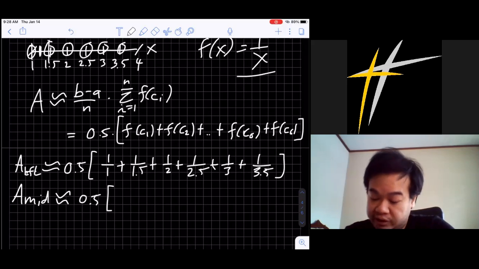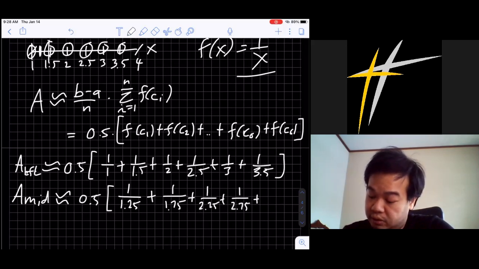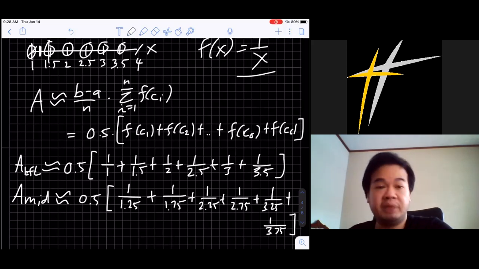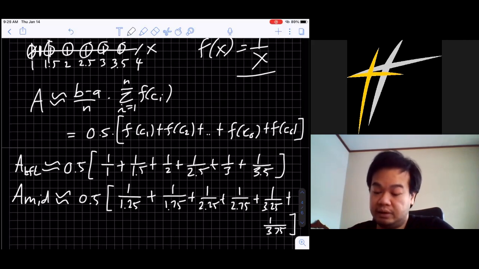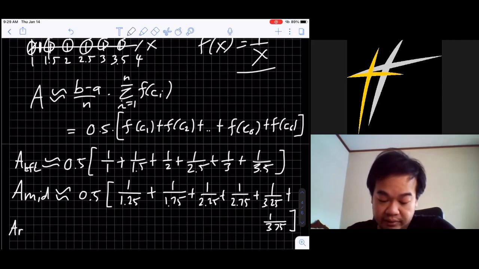So f(x) is 1 over x, so it's going to be 1 over 1.25 plus 1 over 1.75, 1 over 2.25, 1 over 2.75, 1 over 3.25, and then the last is 1 over 3.75. That's the midpoint.